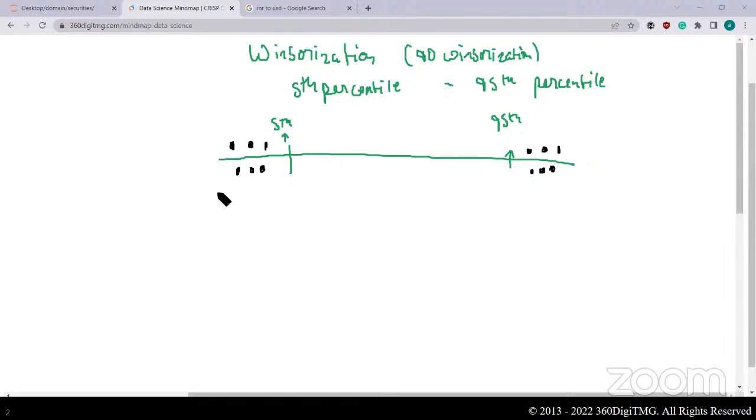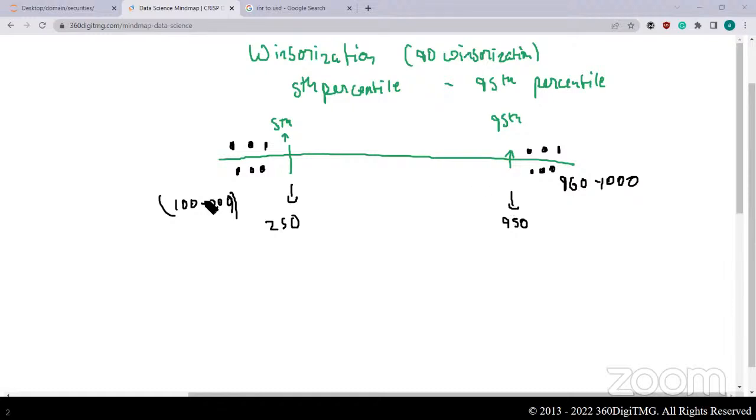So let's say these outlier values are ranging from 100 to 200. 5th percentile value is 250. These values are ranging from 960 to 1000. 95th percentile value is 950. Okay.